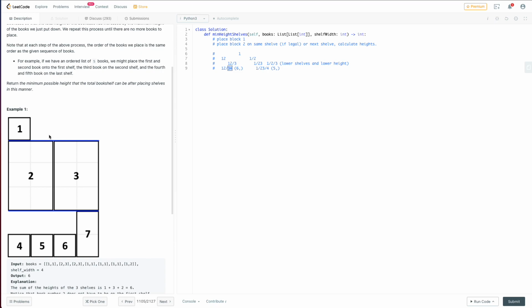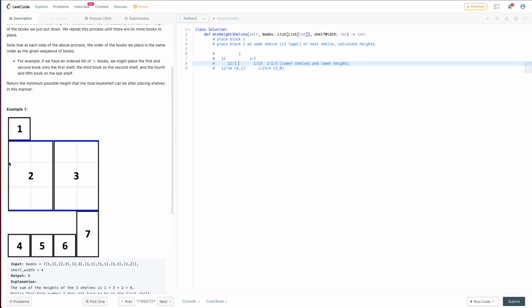So 3, 4 would give us 1, 2, 3, 4. So the index, it's 0 based, 0 and 2, and then here it's 1, 2, 3, 4, and then this is index 0. So I actually have more shelf space here, and it's a lower height. So I can prune this.